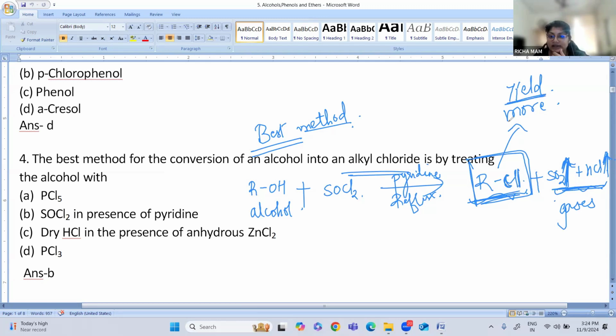The yield of alkyl chloride by this method will be more. So this is the answer: thionyl chloride. The main reason is that the byproducts are gases and they will easily escape out of the mixture into the atmosphere.